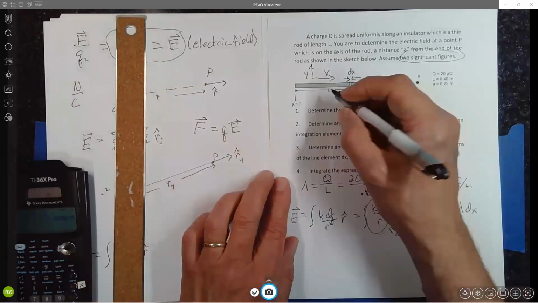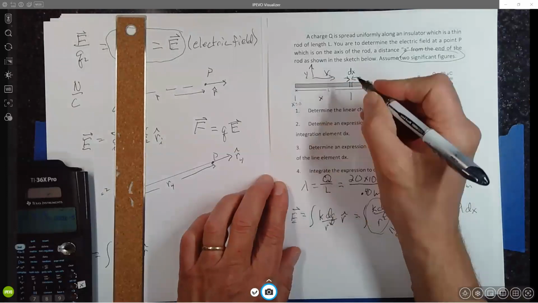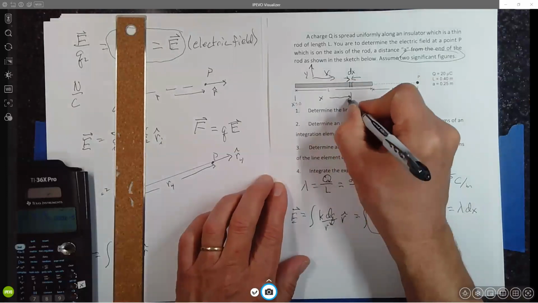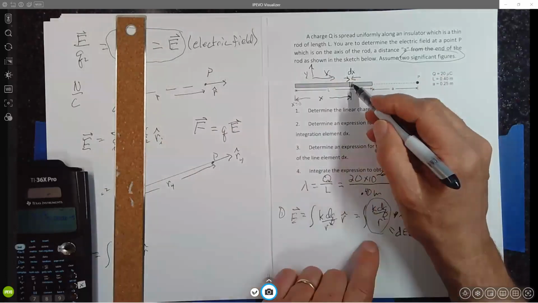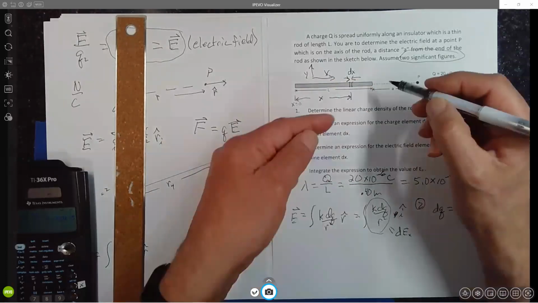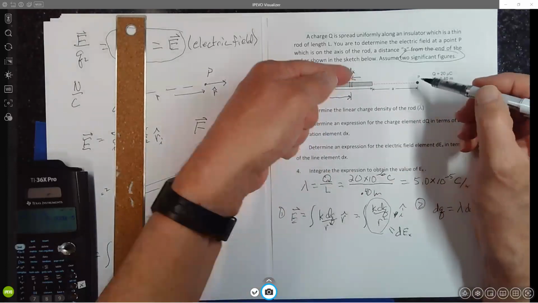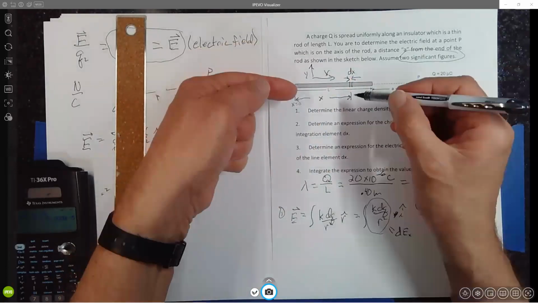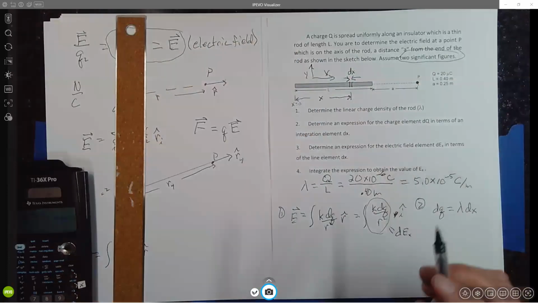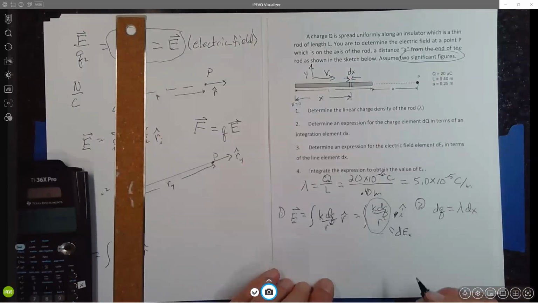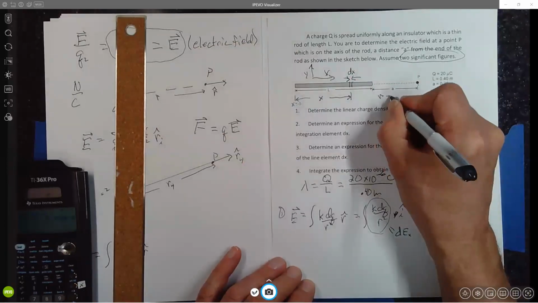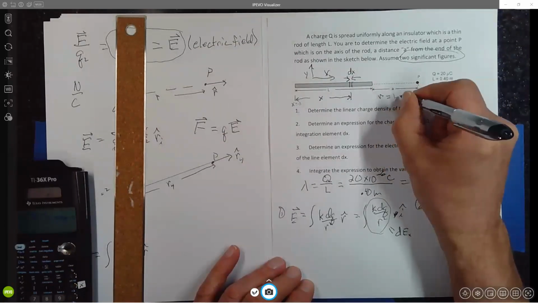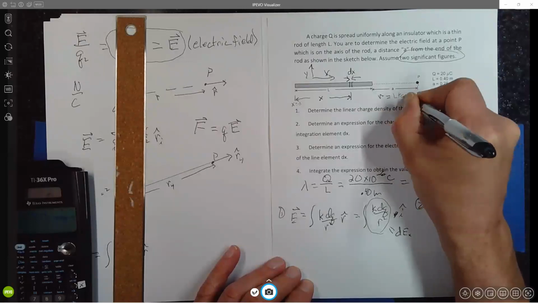If this is x right here, then for that little dx, the distance from dx to here will be the total length minus that length. This is like what we got yesterday. R will be L plus A minus x.